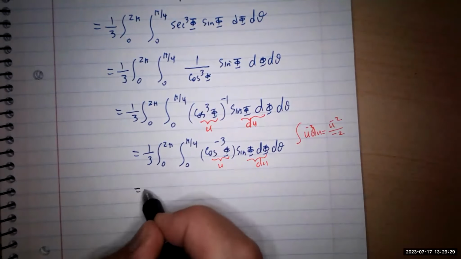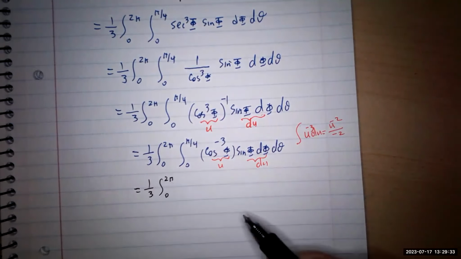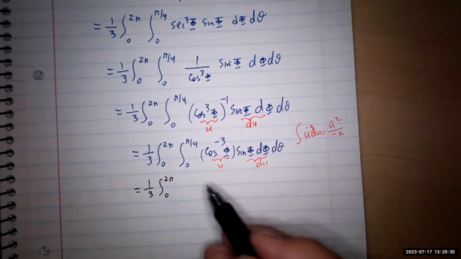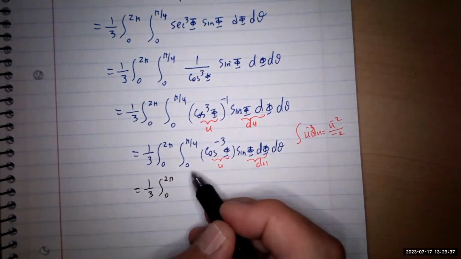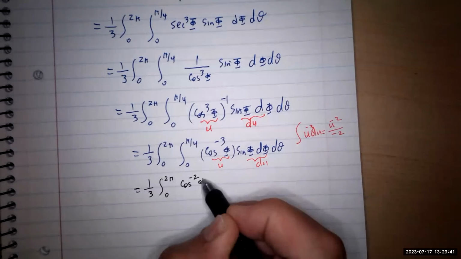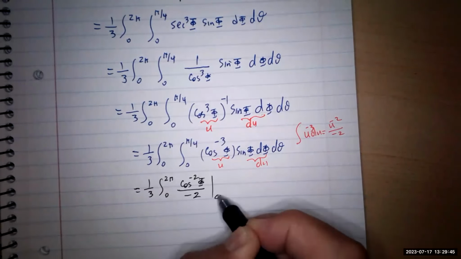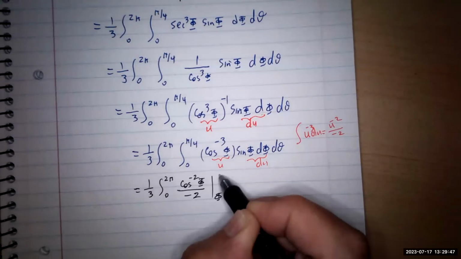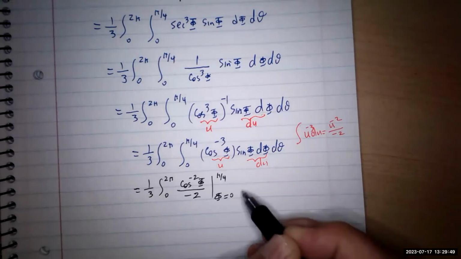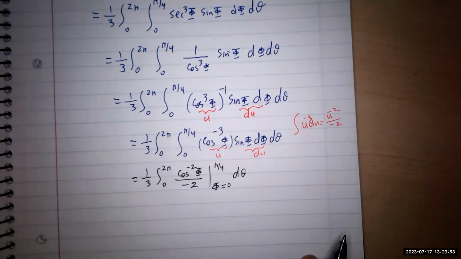So it's a 1/3, 0 to 2 pi. It's going to be cosine to the -2 of phi over the -2, going from 0 to pi/4. Then we come back and integrate with respect to theta.